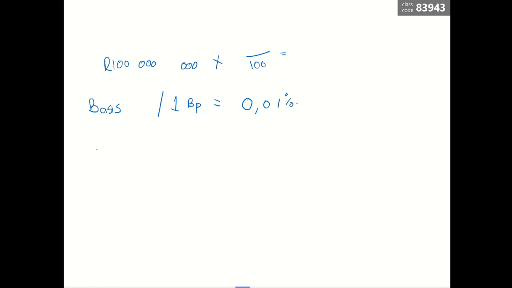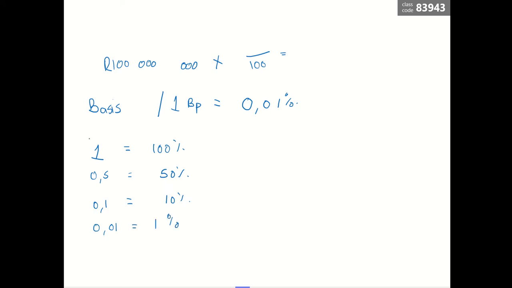So if you're looking at percentages, 1 is equal to 100%, okay? 0.5 will be equal to 50%. 0.1 will be equal to 10%, and 0.01 will be equal to 1%.